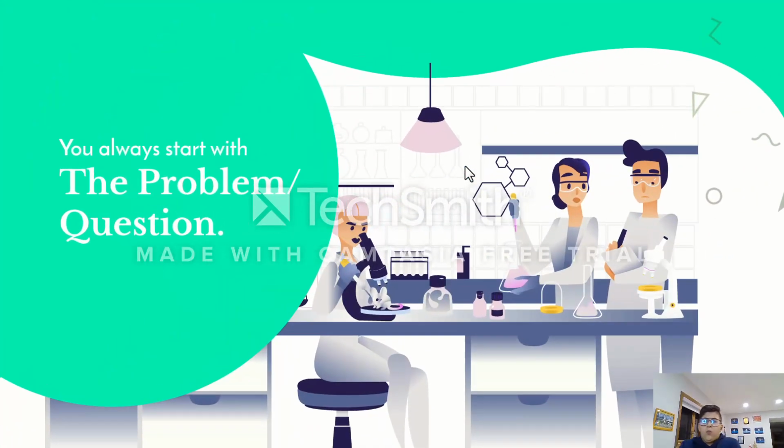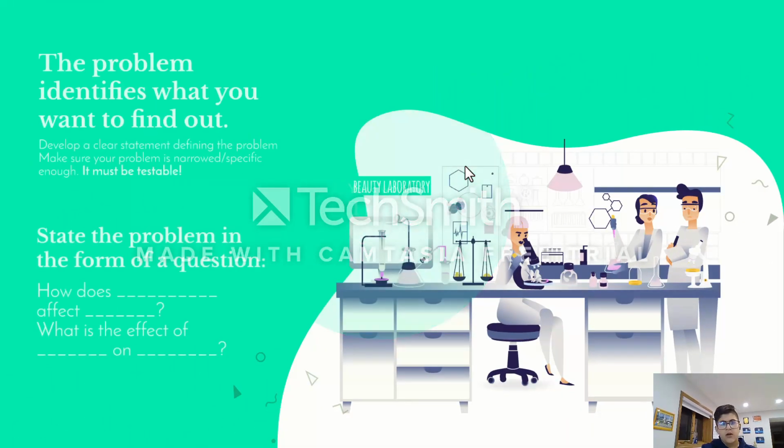So, you always start with a problem or a question. The problem identifies what you want to find out. That problem could be as simple as finding out the type of food that you eat, or it could be a very big problem as well, like COVID.